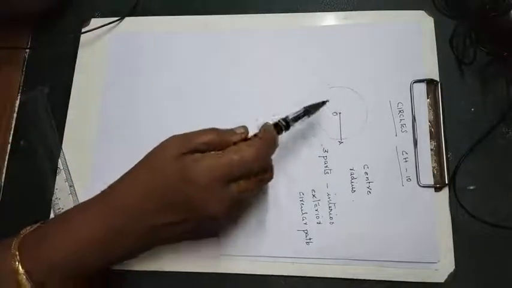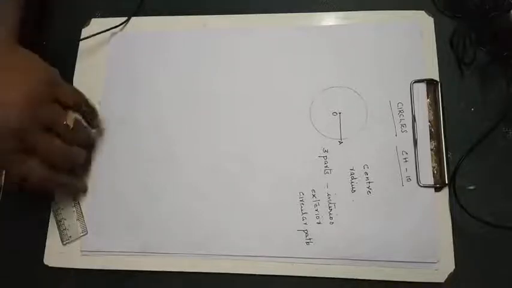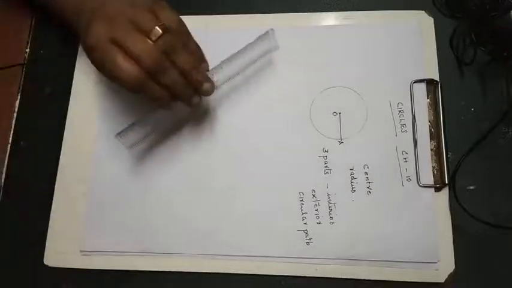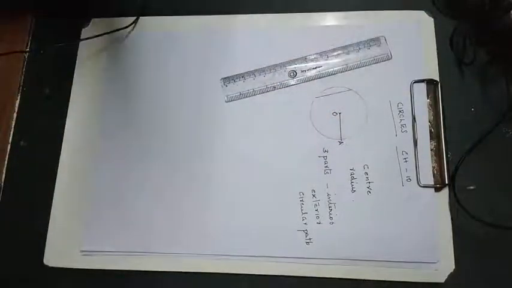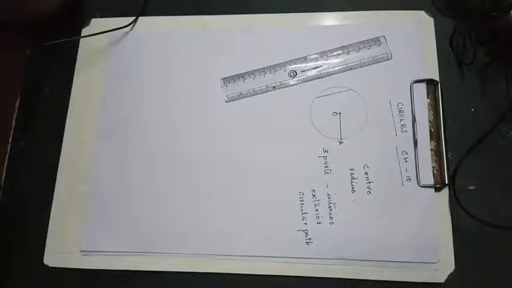Now we will learn about the diameter. What is the diameter? The diameter is a chord passing through the center, and it is double the radius. So we have to discuss what a chord is. A chord is a line segment joining any two points on the circle.